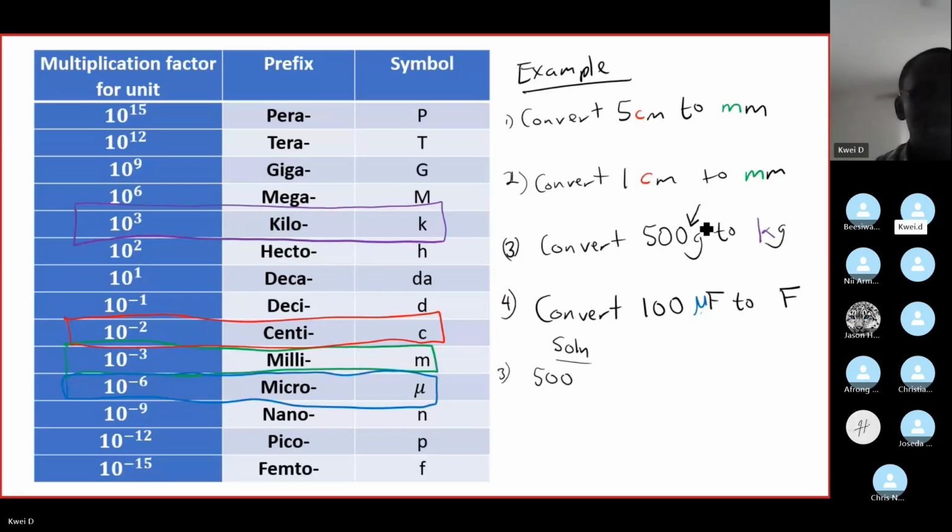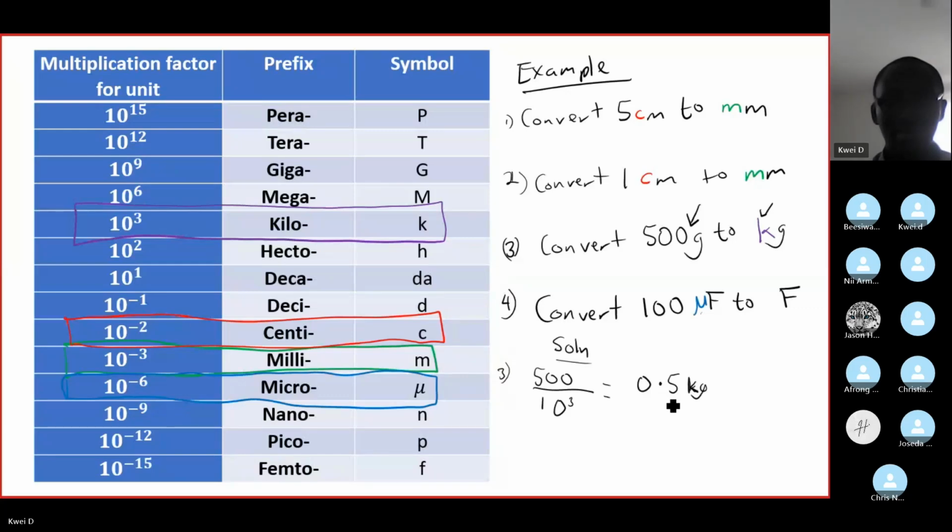There's no prefix attached to it. So you don't multiply it by any prefix. It's simply divided by the prefix you are converting to. So what does it become? 0.5 kilograms. So 0.5 kilograms. Very good. So we're just dividing it by 1,000. Okay. What about the next one?